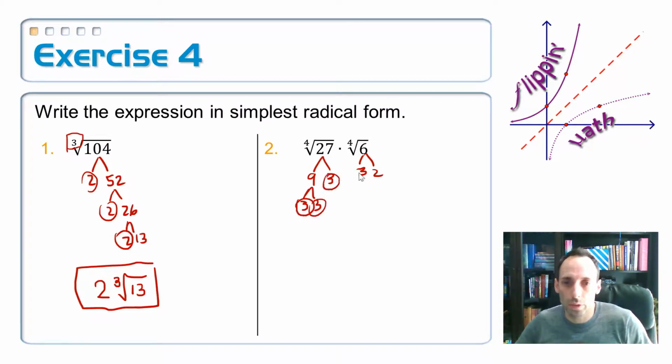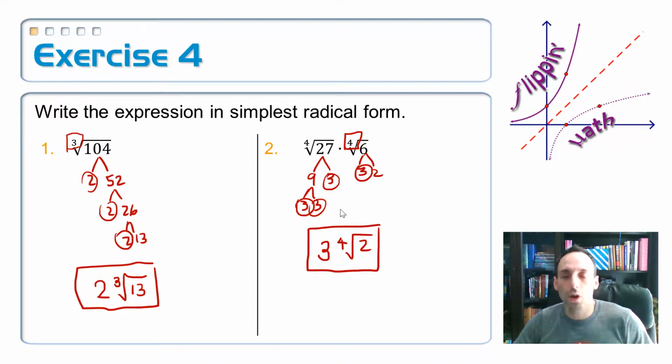I got 1, 2, 3, 4 of them, and I'm talking about simplifying a fourth root. So that means that 3 gets to come out as a single factor, and then the fourth root of 2 has to stay on the inside because it's all by itself. If there was another factor of 2, then they would both have to be on the inside and you'd have to multiply them together. Alright?